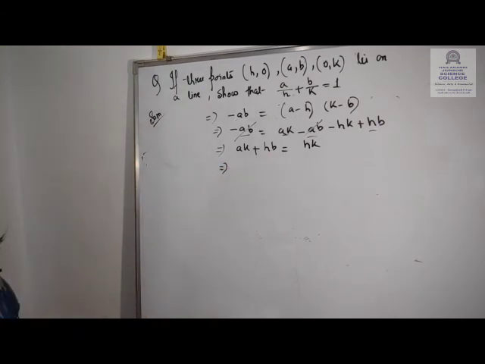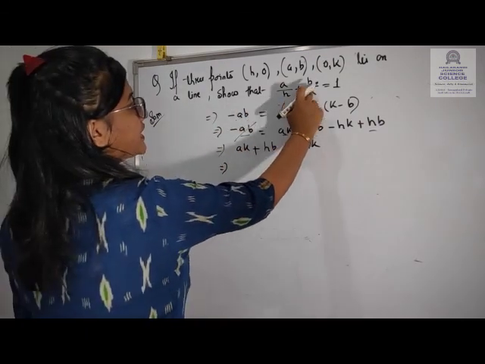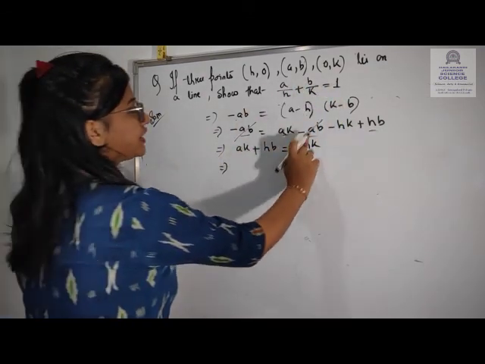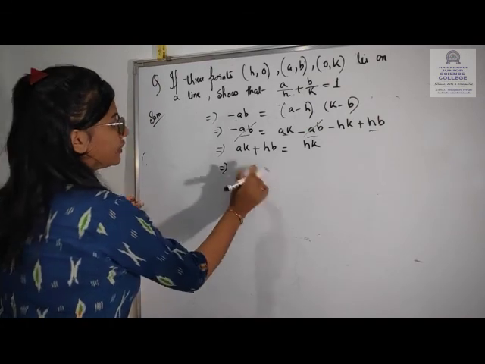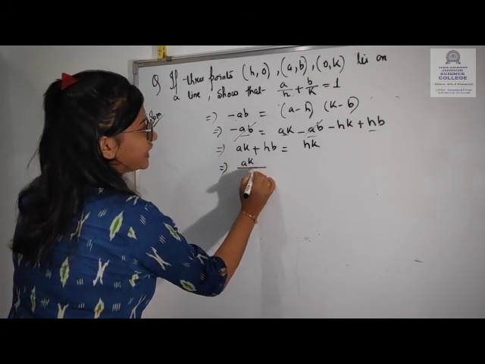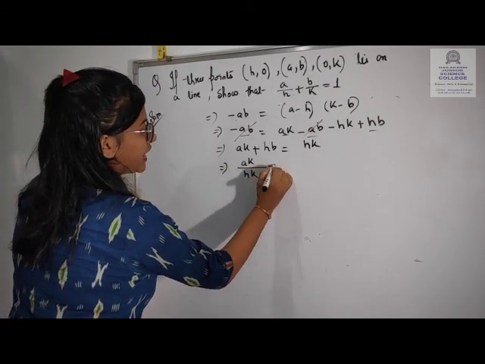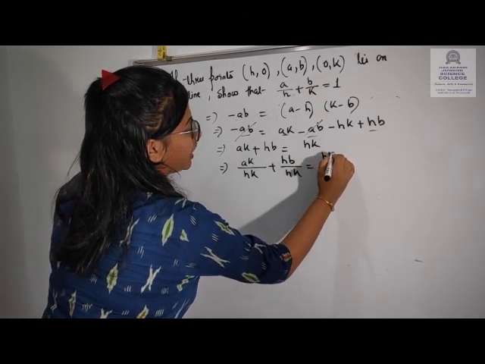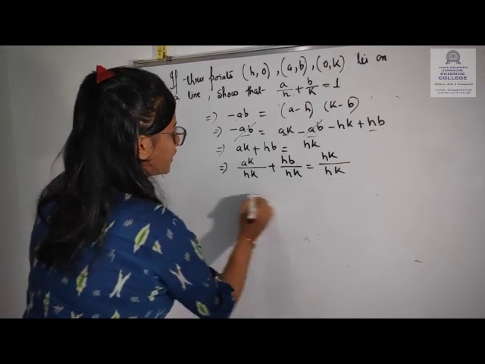Now what is the question? We have to show that a by h plus b by k is equal to 1. Now if I divide both sides by hk, what will happen? ak divided by hk plus hb divided by hk is equal to hk divided by hk.